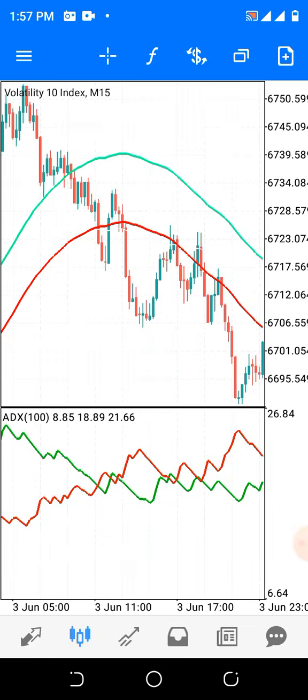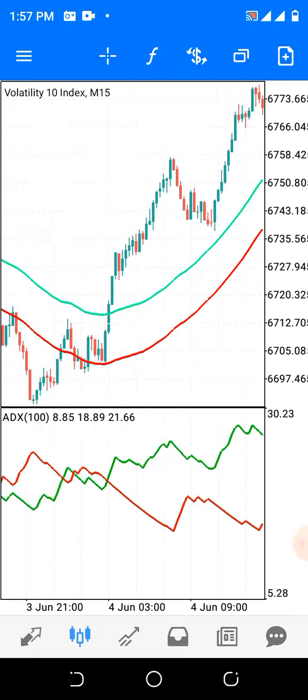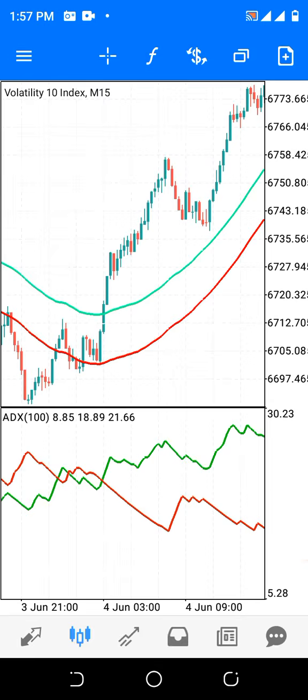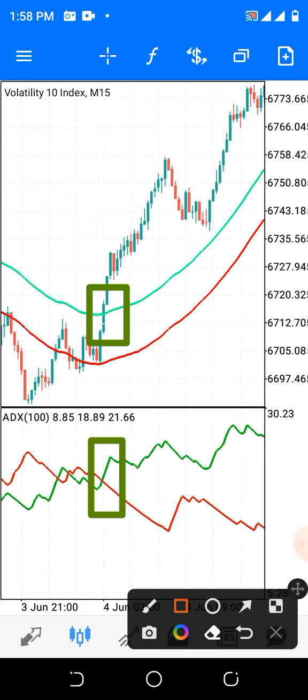Now here is another opportunity to gain from the market. This is the candlesticks crossing the green line of the envelopes indicator, and the ADX also crosses. So you take a buy position here. Set your stop loss at the red line of the envelopes indicator.